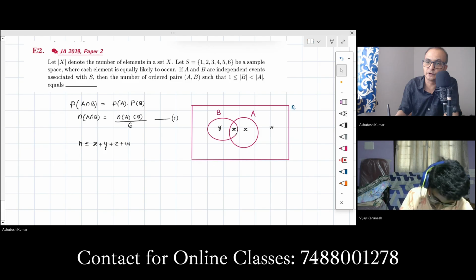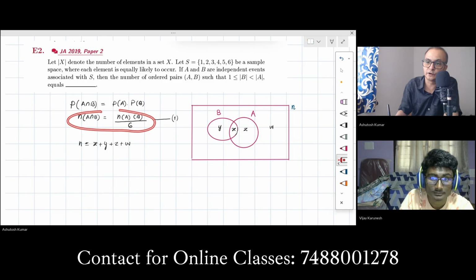Now you see, if you provide this X, Y, Z, W, automatically you are providing such values of A and B so that it is satisfying this condition.